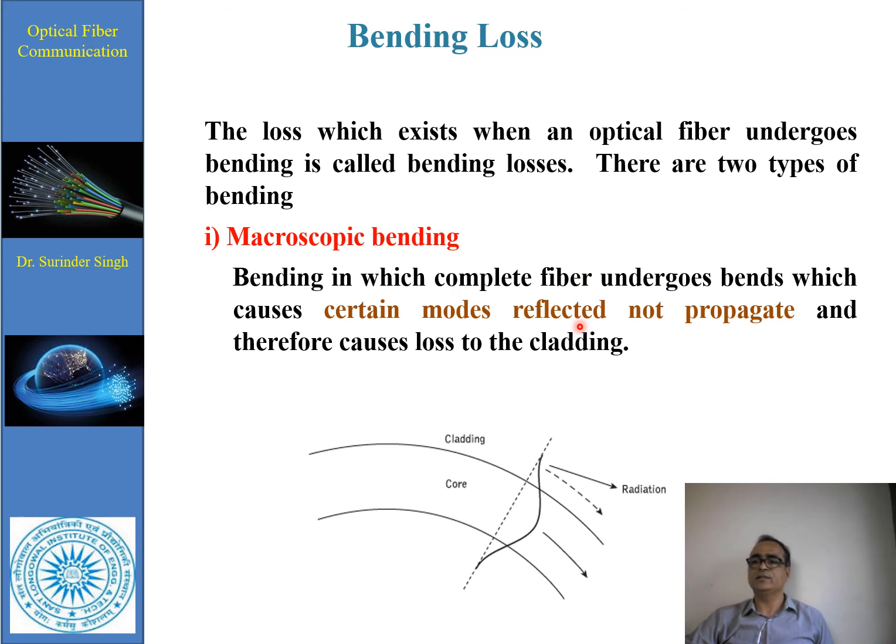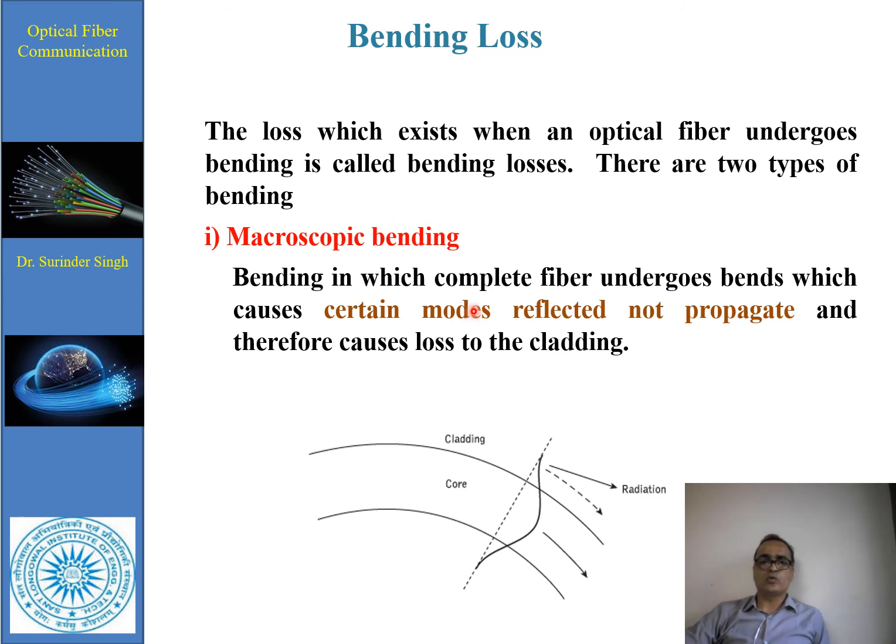Due to this, the energy at the bend exceeds the velocity in the cladding part, and this will disturb the mechanism of propagation. There are two types of bending loss, based on the radius of the optical fiber. One is macroscopic bending, another is microscopic, random microscopic bends of the fiber axis.